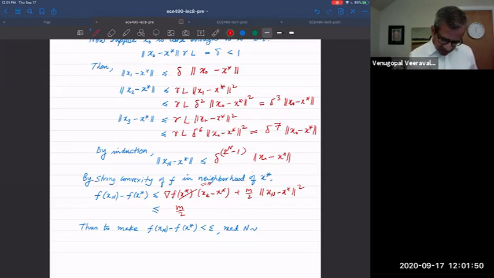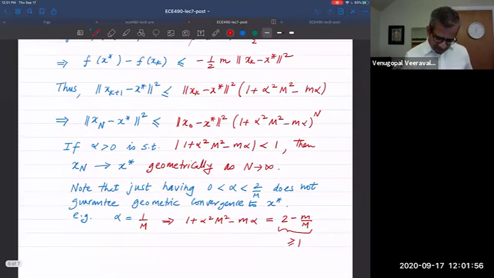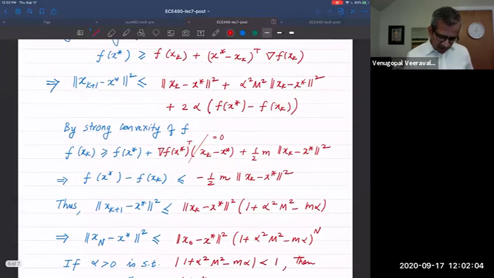Actually, no, it is strong convexity, right?